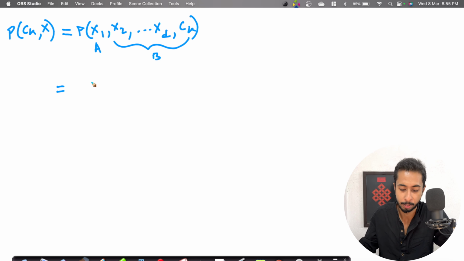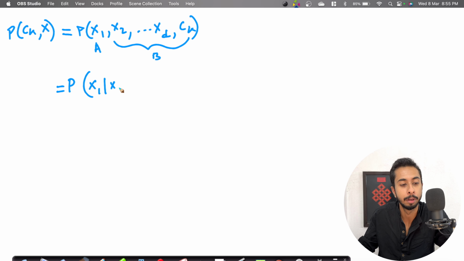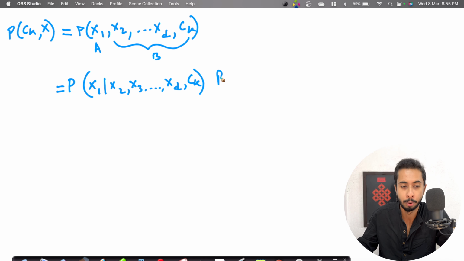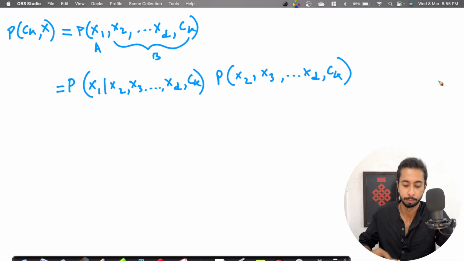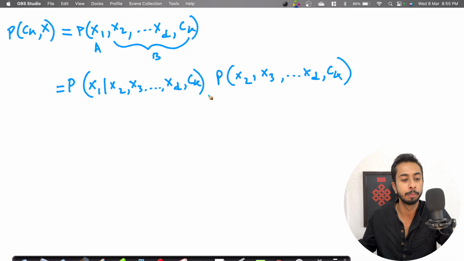I can write it like this: probability of x1 given x2, x3, likewise up to xd comma ck, into probability of x2 comma x3 comma up to xd comma ck. This is what I can write.